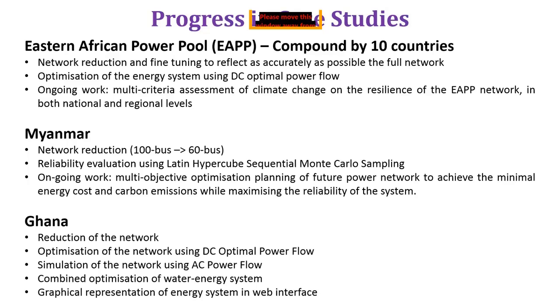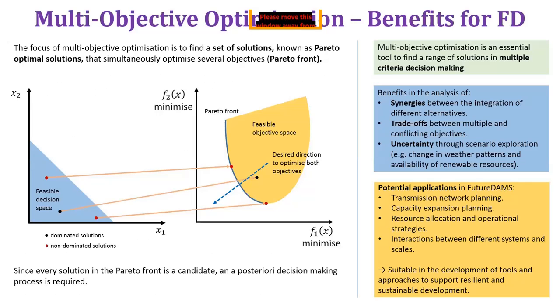And we also have a graphical representation of the network in a web interface. But to perform all these studies and to finish the ongoing work, we need to develop different tools. One of the tools is the multi-objective optimization that Ruben will present after this slide. So I would like to give the word to Ruben.